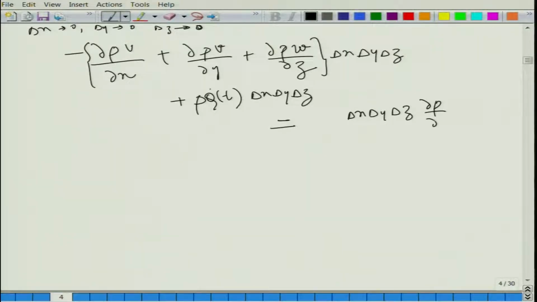Move this on the right hand side, and write it something like this, where this bold term means a vector, or for convenience I will write the full blown form.